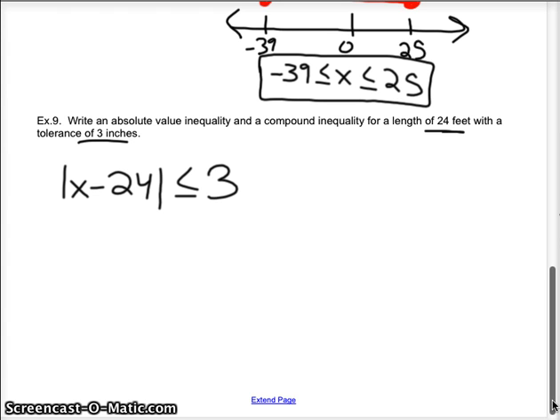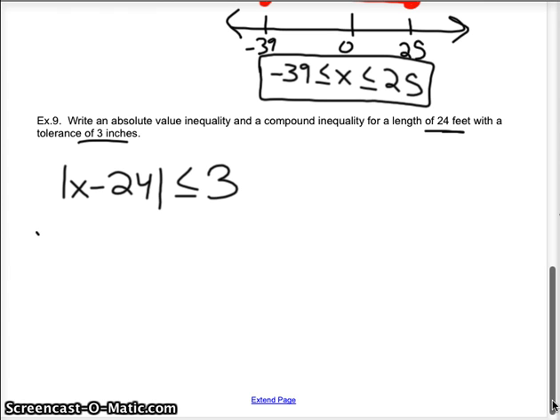So that's the kind of inequality that we're able to construct here. We want 24, we have to be within 3 of that. So that little radius has to be less than or equal to 3. So the cool thing here, our absolute value has already been isolated.